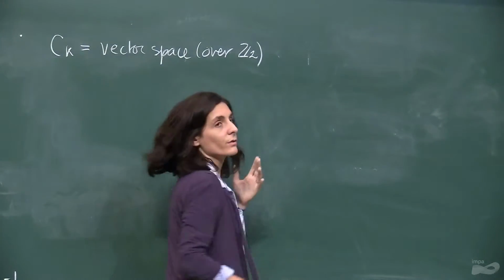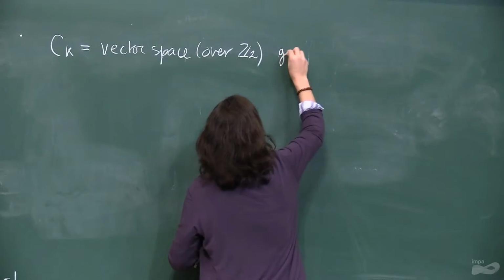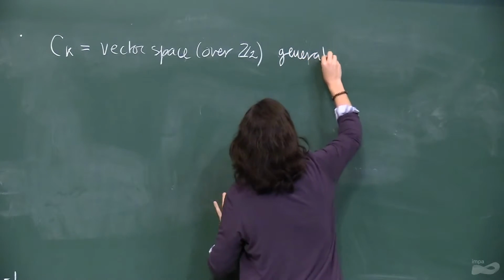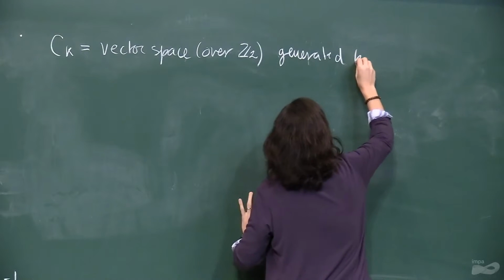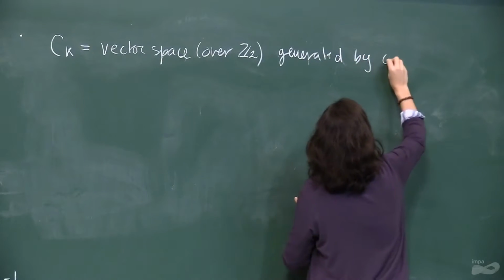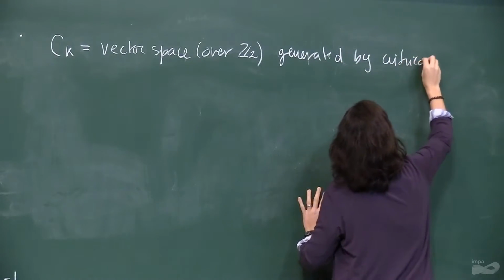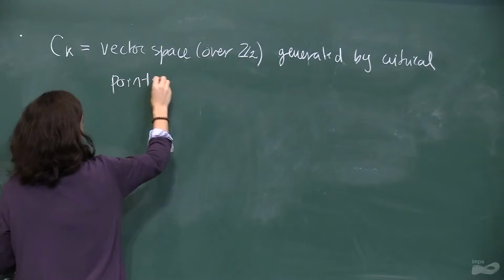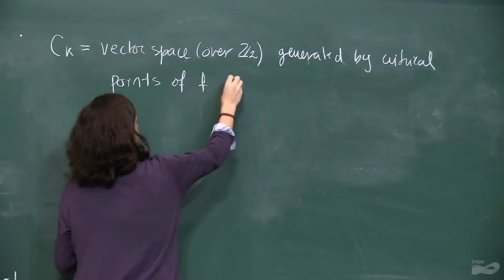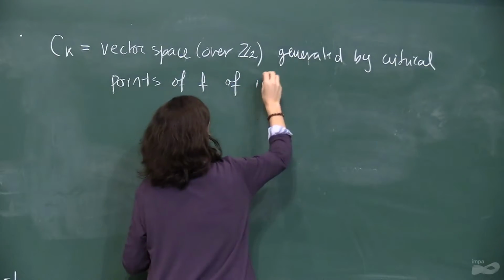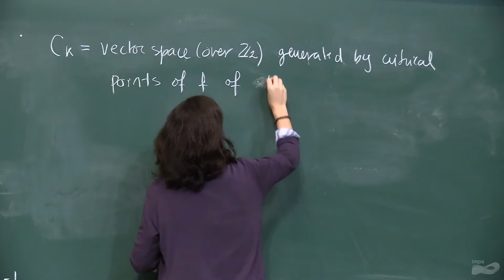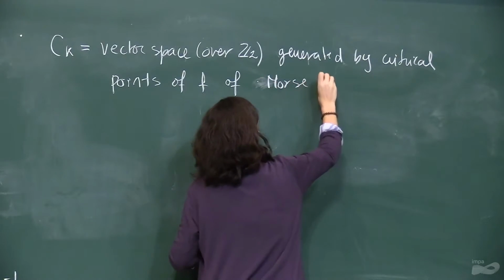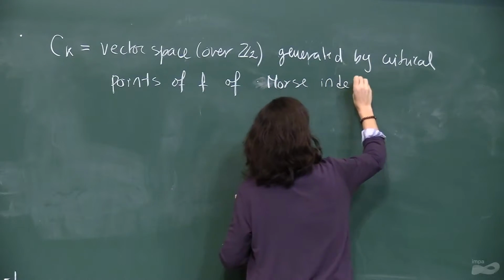A vector space over Z2 generated by critical points of F of Morse index K.